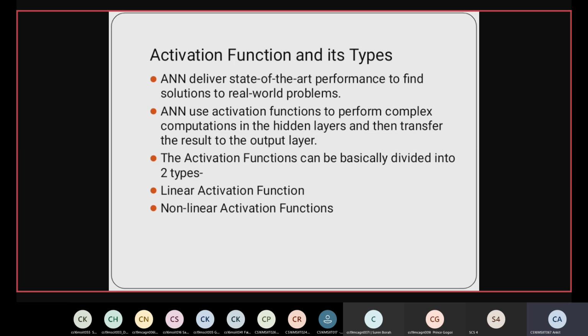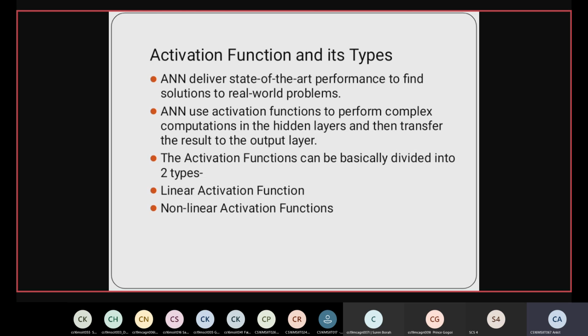When artificial intelligence tackles real-world problems, if we do not use an activation function, then it cannot properly compete with the real world.